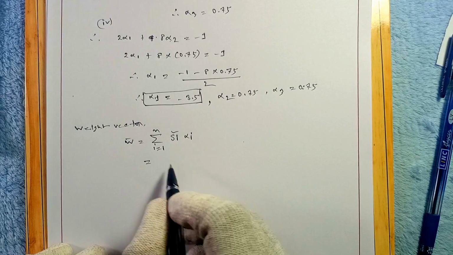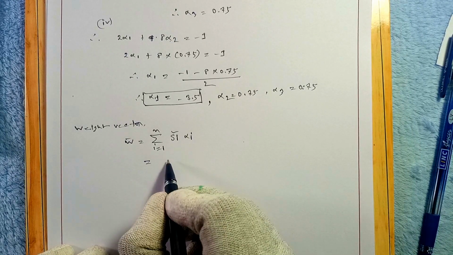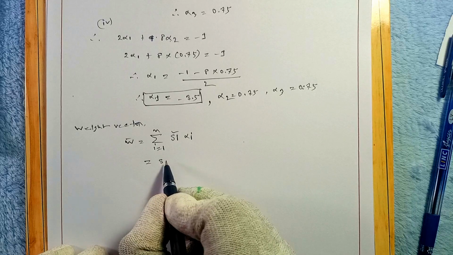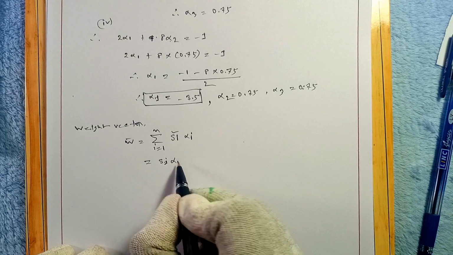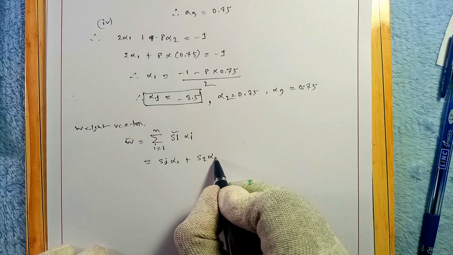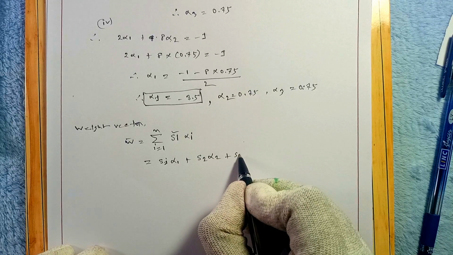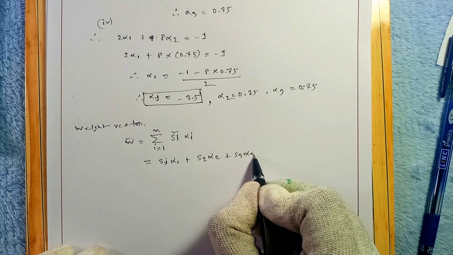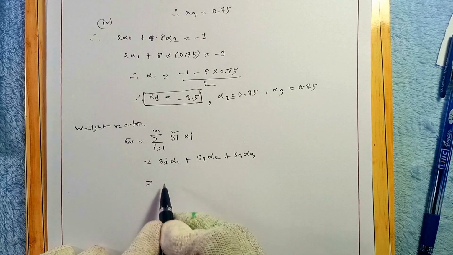So we can write it as S1 alpha 1 plus S2 alpha 2 plus S3 alpha 3. Okay, we put in the values.